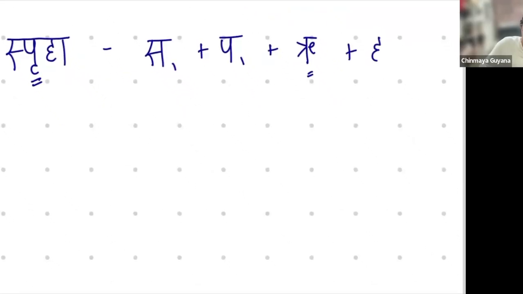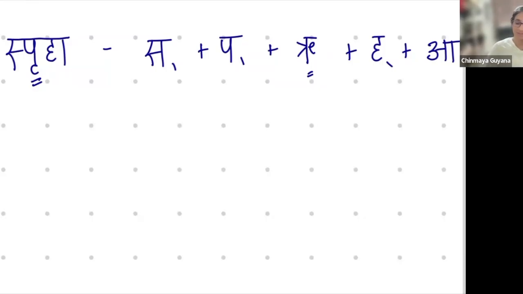Plus ha halant plus a. Spri-ha. So you have to remember what the vowels are, what their symbols are, what they look like in the words, and you have to put all of that together. Even though we're doing r homework, r can focus. Okay, so this is another thing to watch out for.